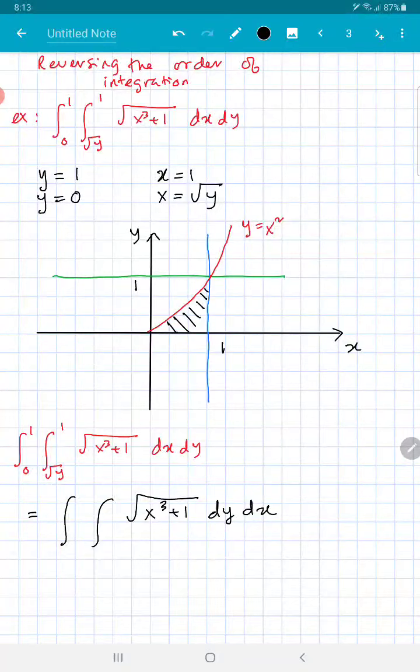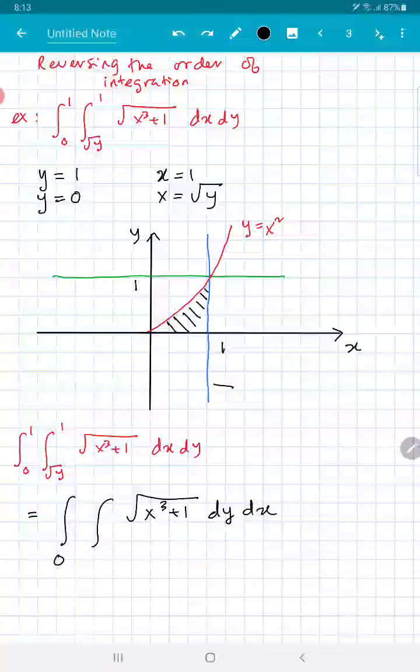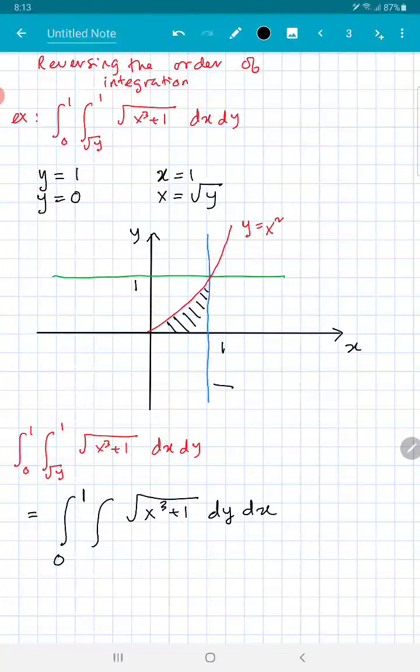Looking at our region, the lower limit for x would be the y-axis, where x is 0. The largest value for x here would be this blue line, which is when x is 1. So that is the upper limit for x.